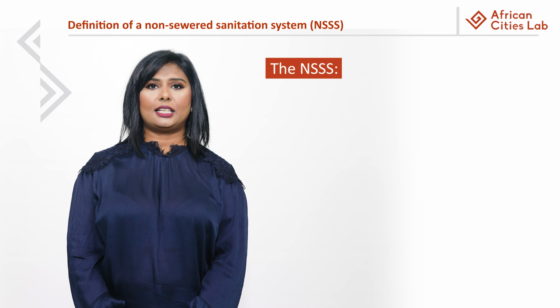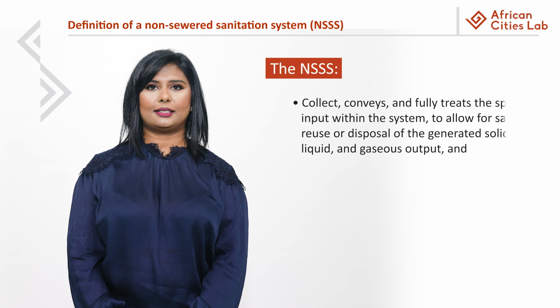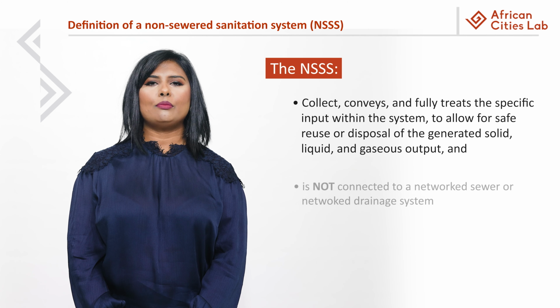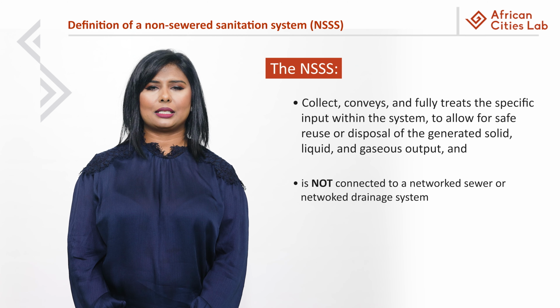A non-sewage sanitation system collects, conveys, and fully treats the specific input within the system to allow for the safe reuse or disposal of the generated solid, liquid, and gaseous output. The term non-sewage specifies that the system is not connected to a network sewer or a network drainage system.